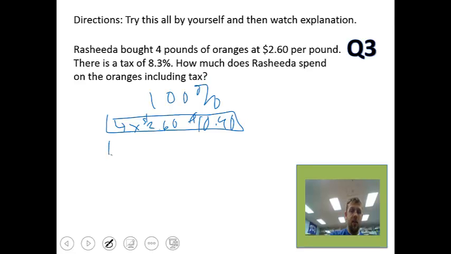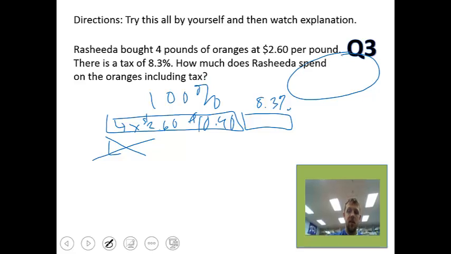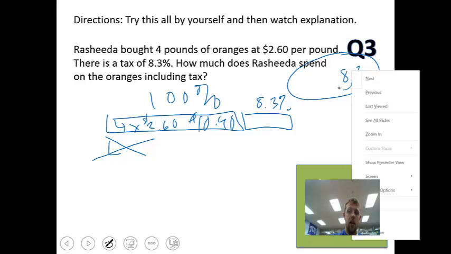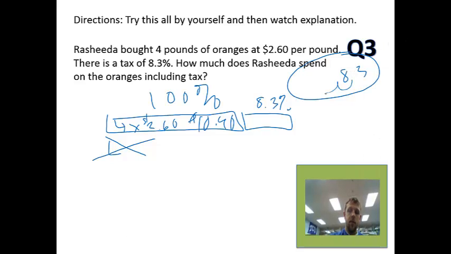I'm now going to, oh, this is not a discount. It is a tax problem. So I need to make sure that my box is next. So I have to pay an additional 8.3%. Now, a thing to remember about this is that 8.3% as a decimal is 0.083.